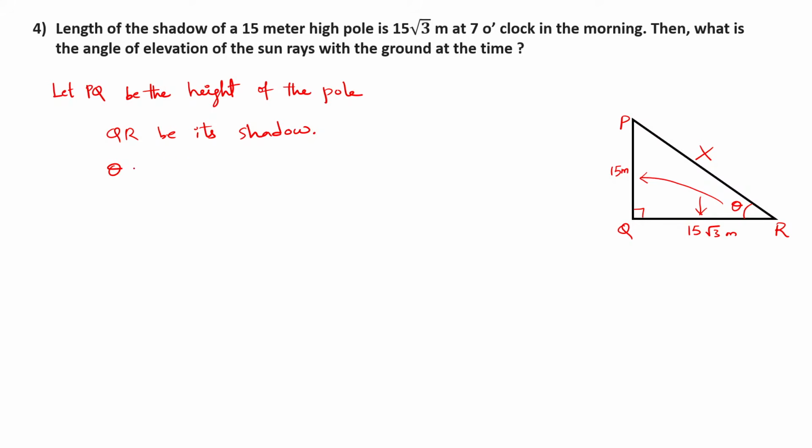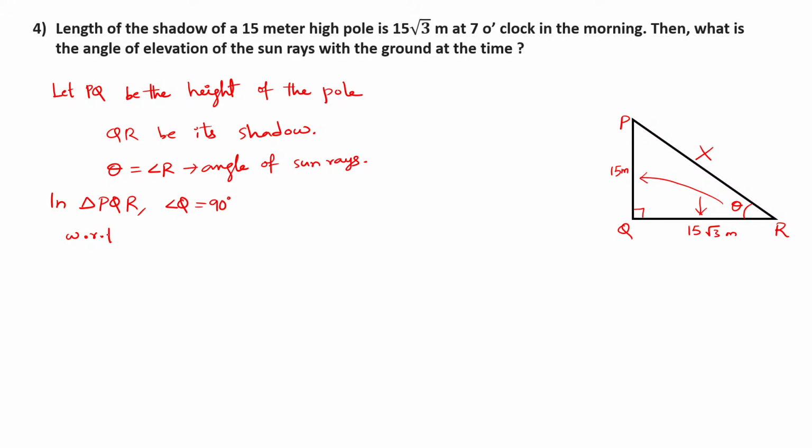And theta, that is angle R, is the angle of the sun rays, the angle of sun rays with the ground. Okay. Now which triangle is formed? In triangle PQR, we know that angle Q is equal to 90 degrees, hence it became a right angle triangle.